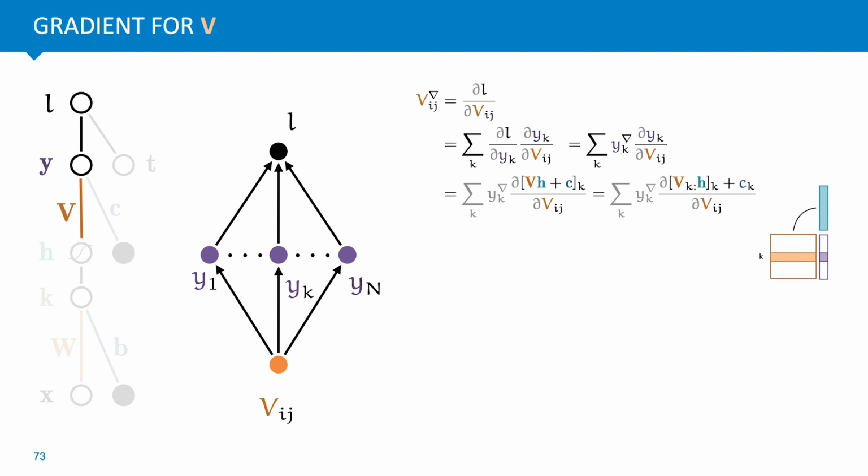And then for the matrix multiplication, as you can see in the diagram, the kth element of the result of this matrix multiplied by this vector is the kth row of V, and the dot product of that with the vector h is the result that we're looking for. That's one number, and that's the kth element of the result of this matrix multiplication.